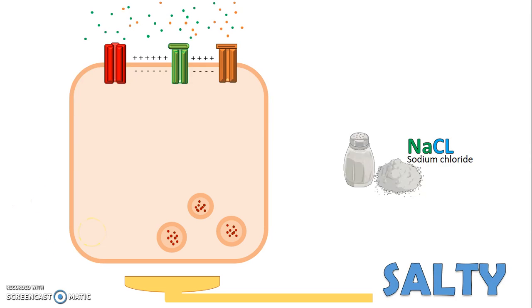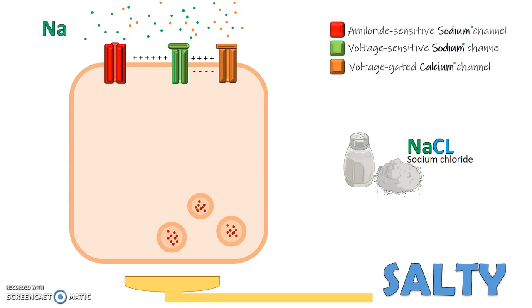Tastes. First we have salty. Salty is associated with salt, specifically the sodium ion. Here we have a neuroepithelial cell, and in green, sodium ions. When we eat something salty, the sodium ions go through the amiloride-sensitive sodium channel.